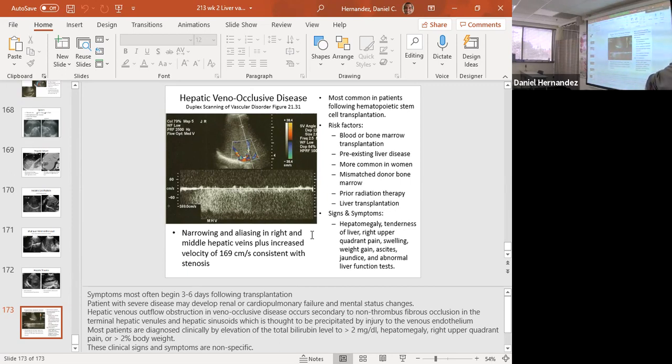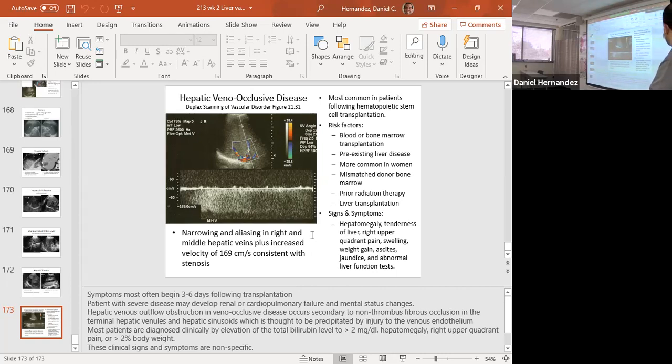It's more common in women. Potentially a result of mismatched donor bone marrow. Also seen in patients who've had prior radiation therapy, or patients with liver transplantation.